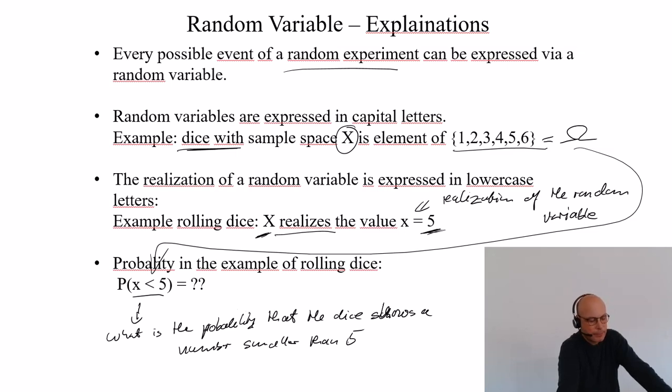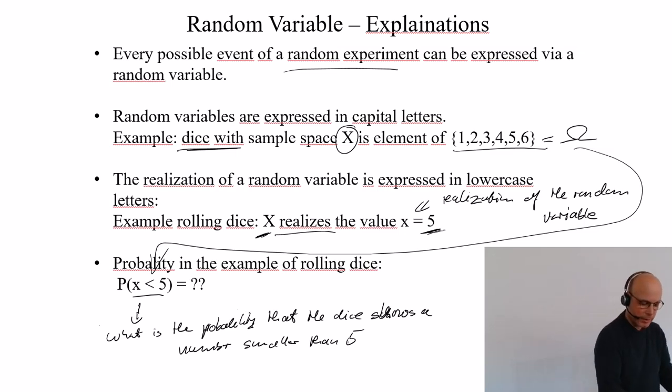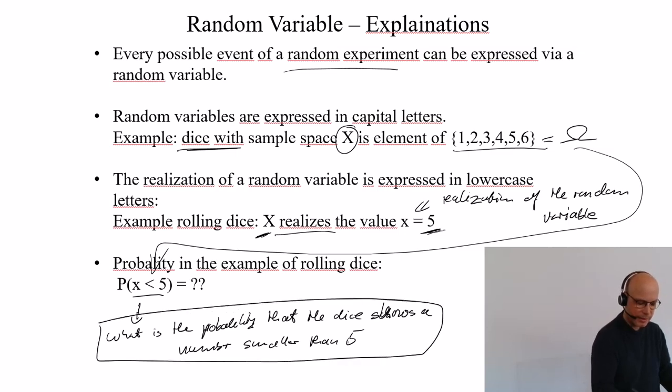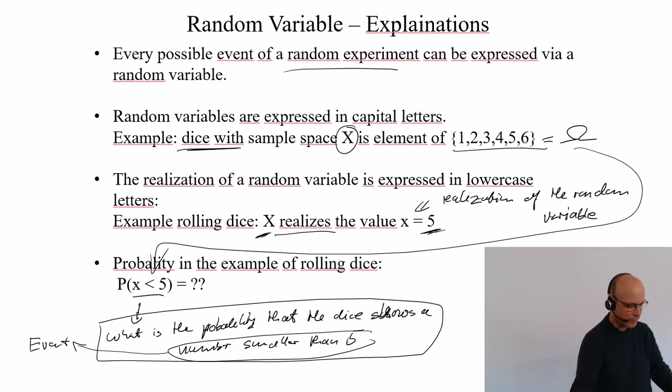This is our event, which we defined. Number smaller than 5.